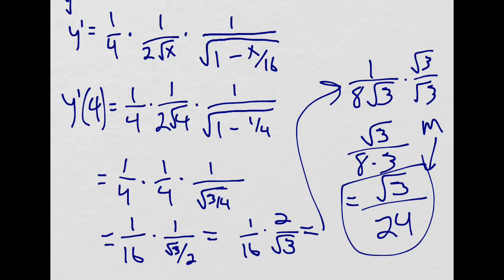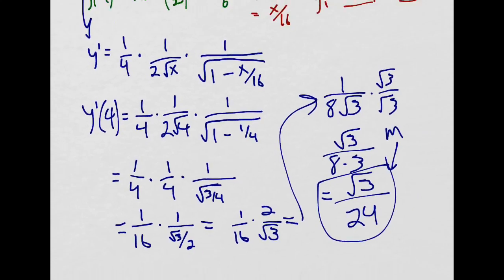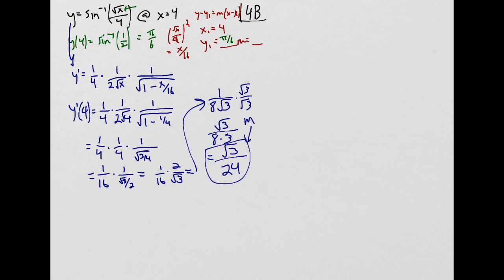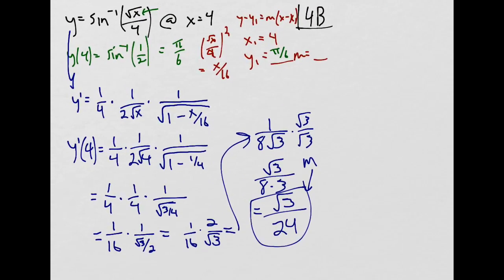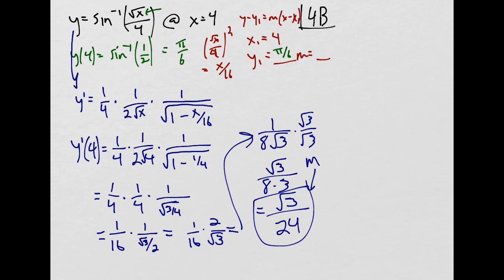Oh my gosh. Let me see if this will work. Woo, yeah. So, all that work to find m. I'm going to rewrite it. So, my final answer, I need to take this and plug in these three values.